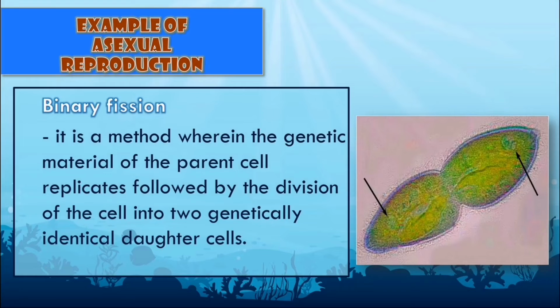So, we have here examples of asexual reproduction. So, what are the methods to reproduce asexually? We have binary fission.